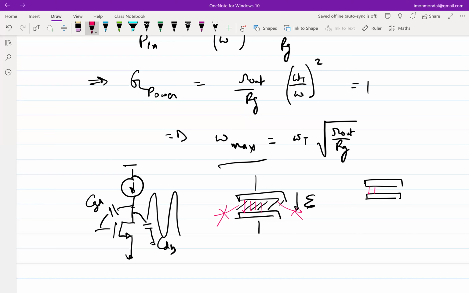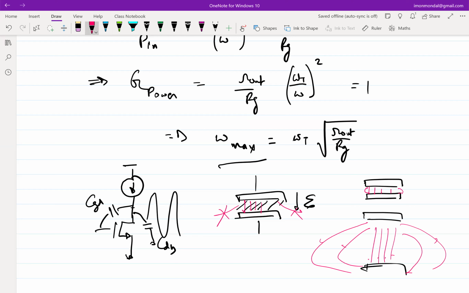But if these metal plates are far apart, then it's quite likely that you are going to have these big fringe fields.